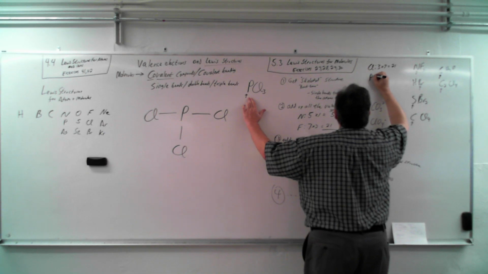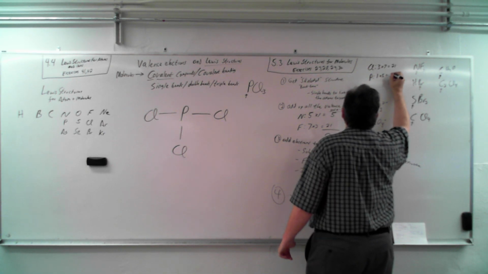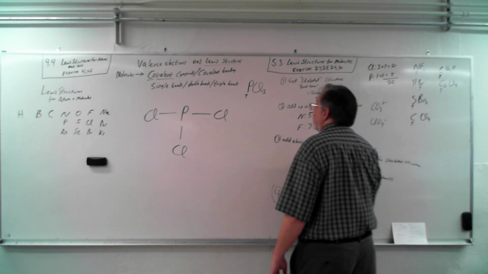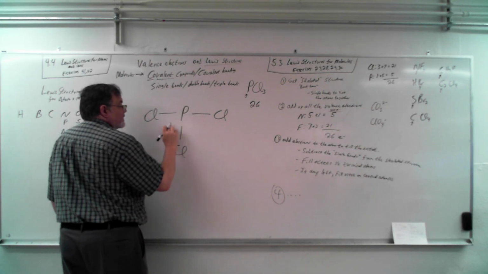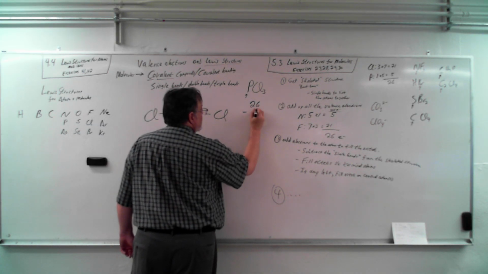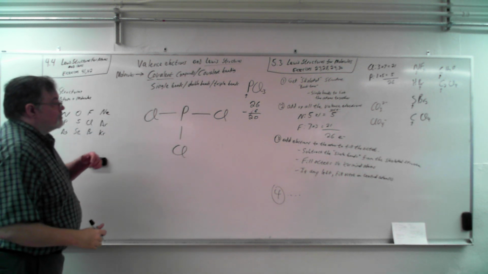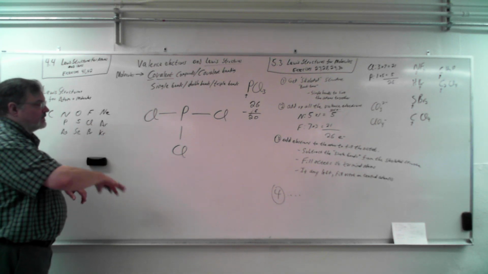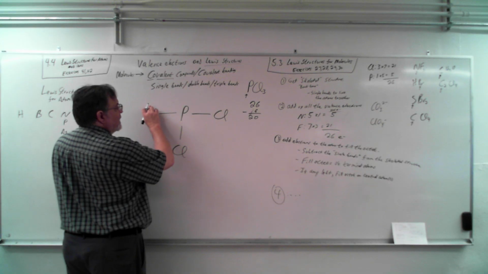You've got 1 phosphorus. It's 5. So we have 26 total electrons to work with. 2, 4, 6 we've already used. So we're down to 20. Now we start adding electrons on the terminals. 4, 6, 18.